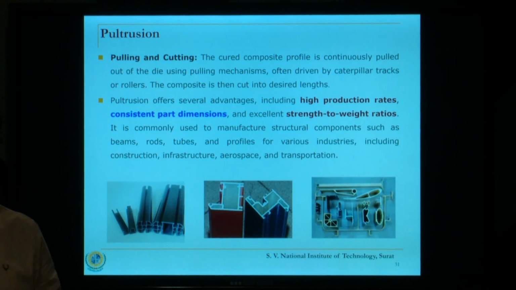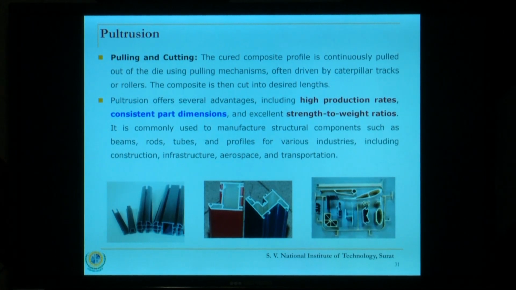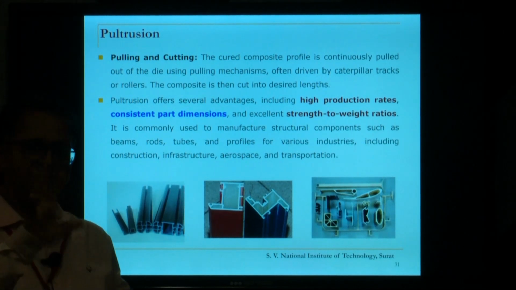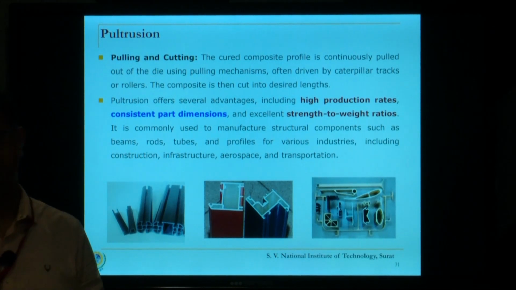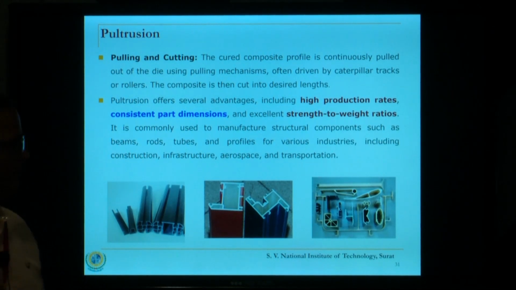Because you are able to utilize larger fiber volume fraction into it. You can include more of fiber into these parts. It is possible to do that, and uniformly. Okay. So, certain sections that we make, it is possible to make those sections with this process.